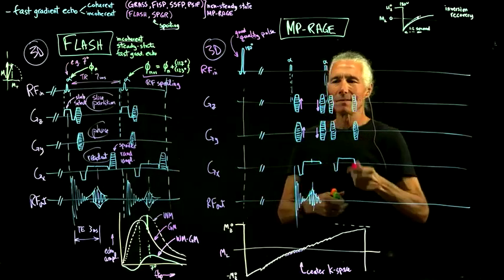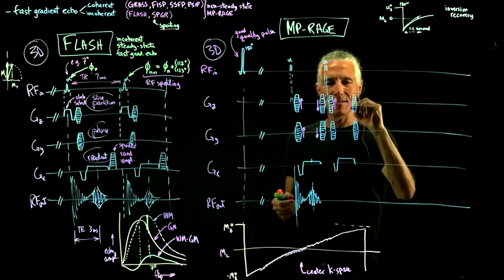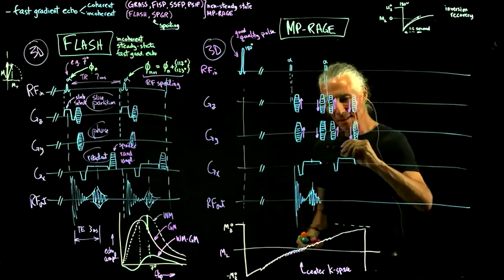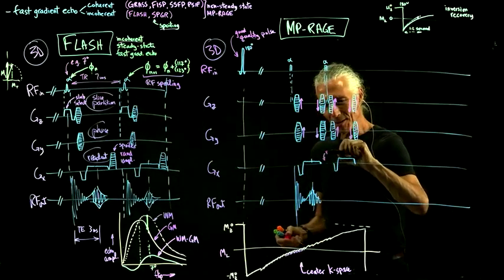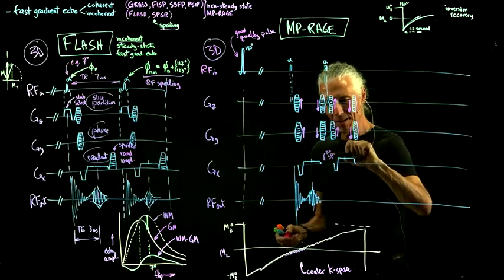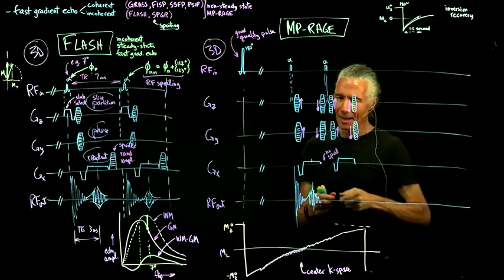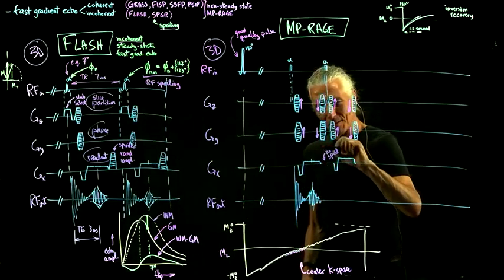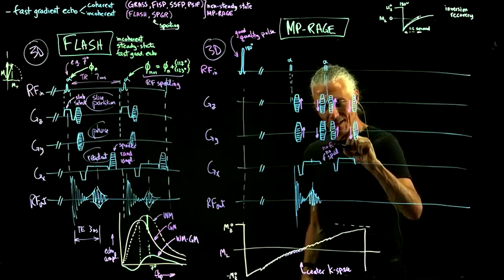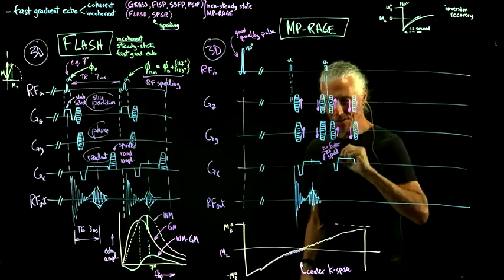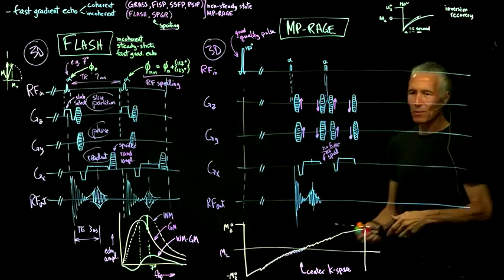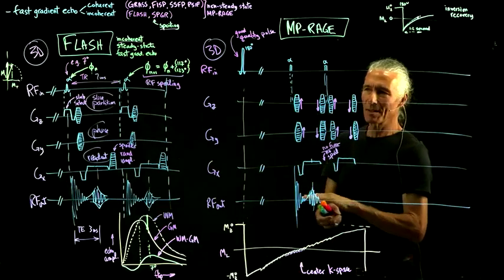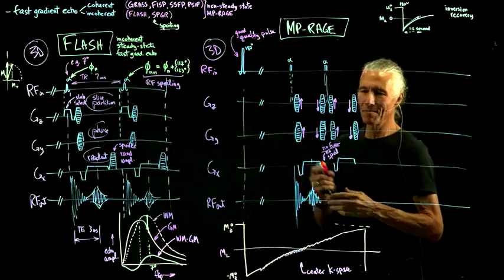So if we're going this way, then go that way, and then don't do any spoiler. No fixer here. Maybe just because you're doing no fixing here, the contrast ends up looking like FLASH, not GRASS.